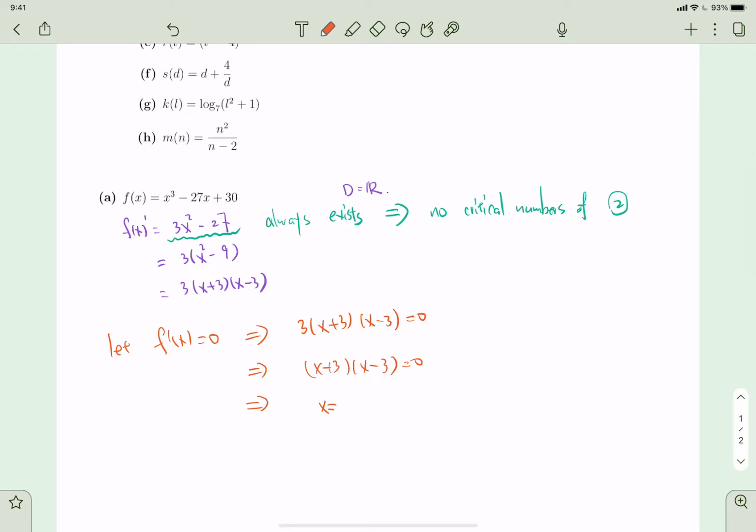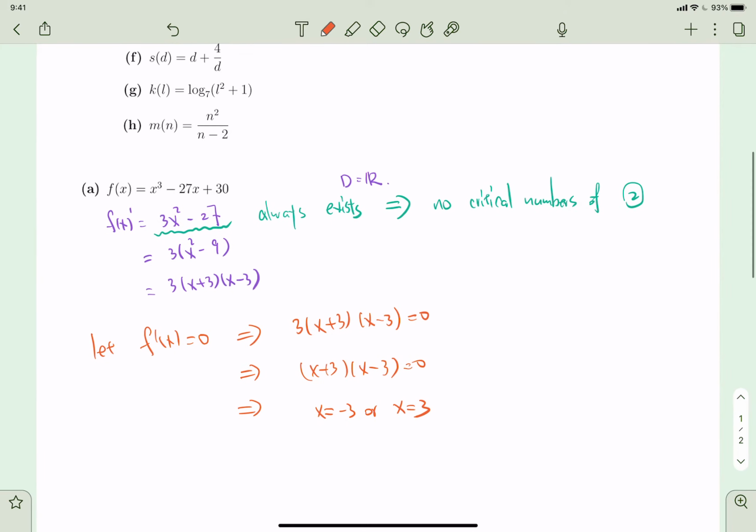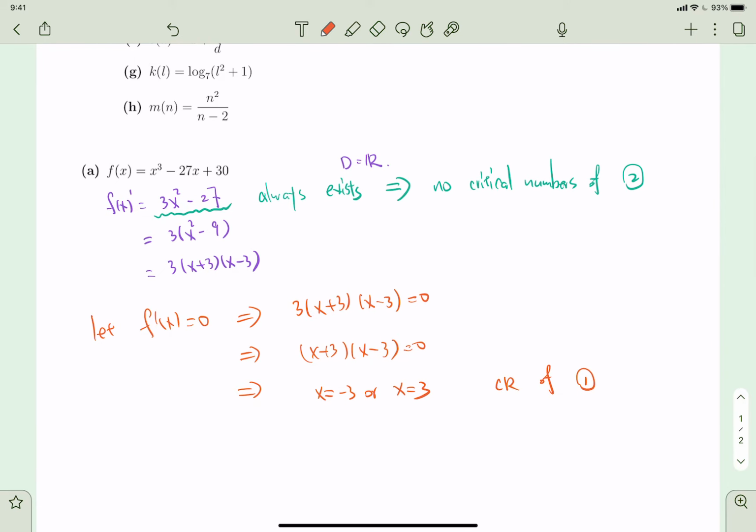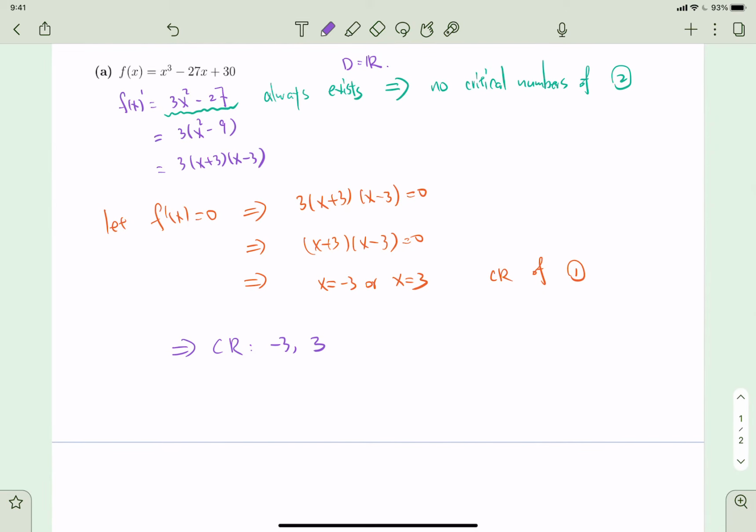So x equals negative 3 or x equals 3. Right? So these are the critical numbers of the first type. Okay, and because there are no critical numbers of the second type, these are all the critical numbers. So now we have negative 3 and 3. So that is how we find the critical numbers.